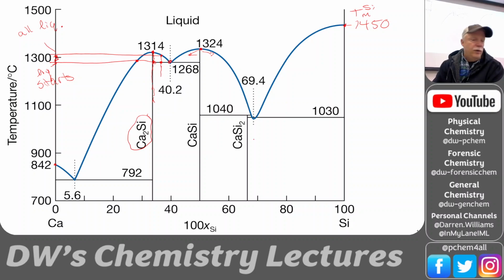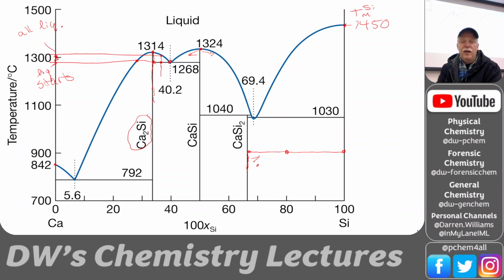Okay, let's look at this really weird one. So here we have calcium disilicide. Now, what evidence would we ever have that this substance is a thing? Well, let's say we're over here and we see a solid phase and a solid phase.